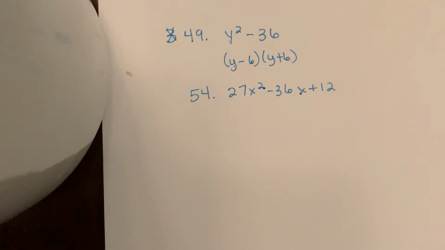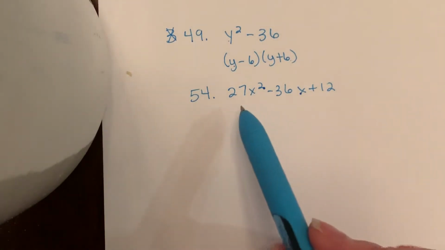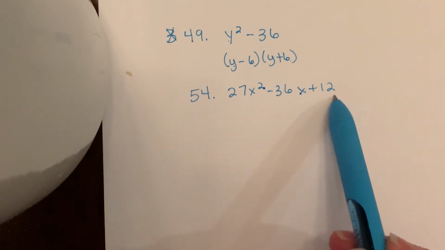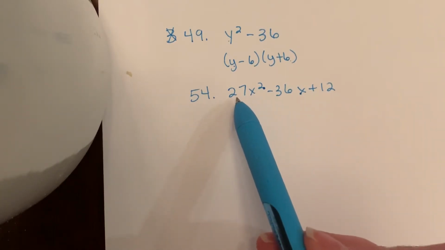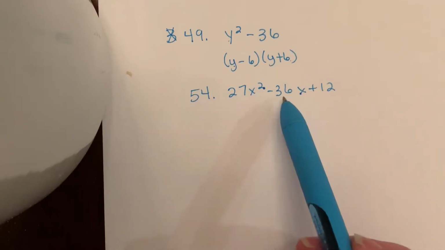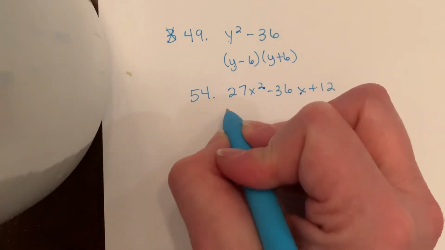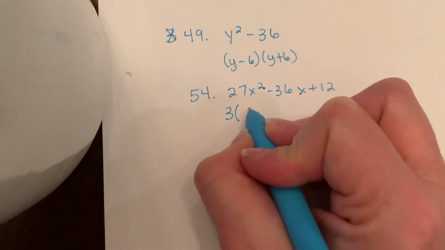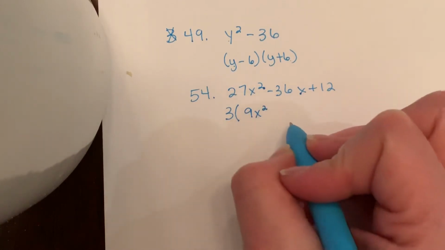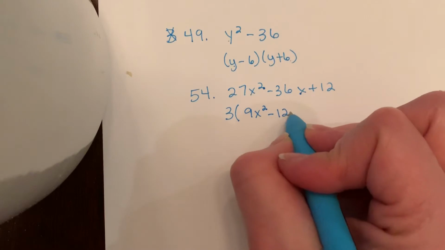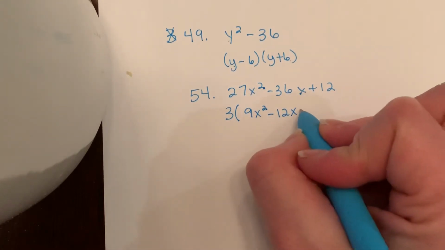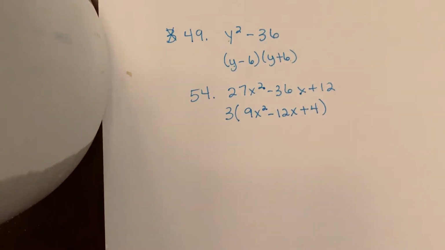All right, the first thing that I'm going to do is look for a common factor in all of these, and I can see quickly that 3 goes into 27, 36, and 12, so I'm going to factor out a 3. When I do that, I get 9x squared minus 12x plus 4.